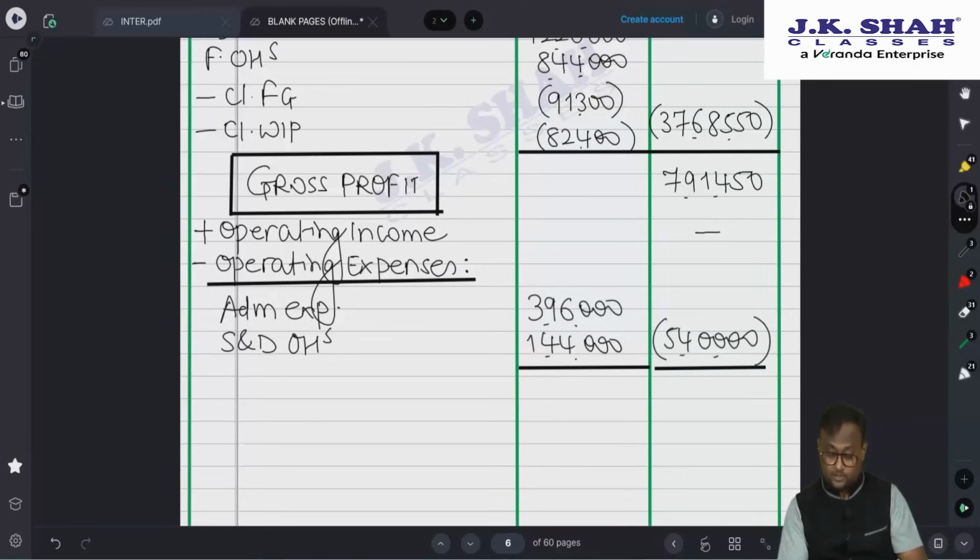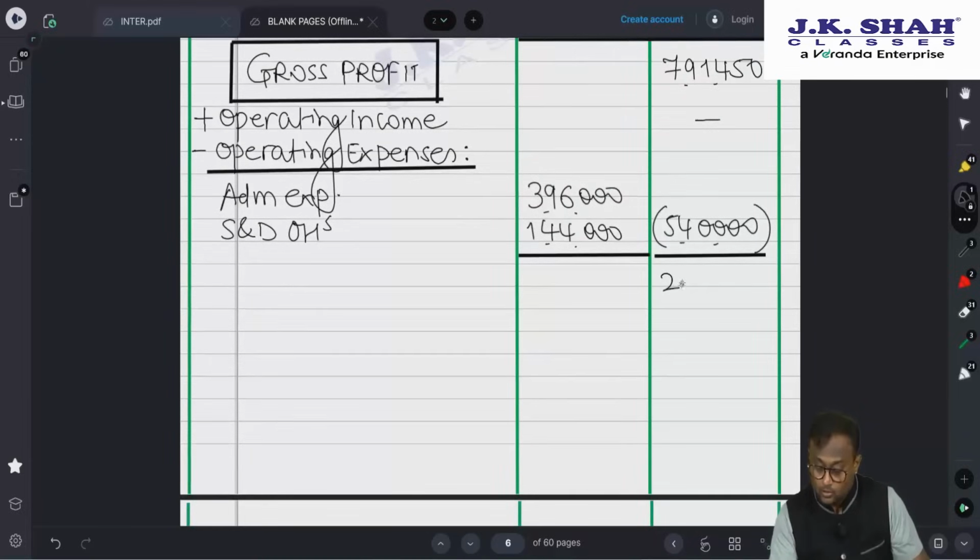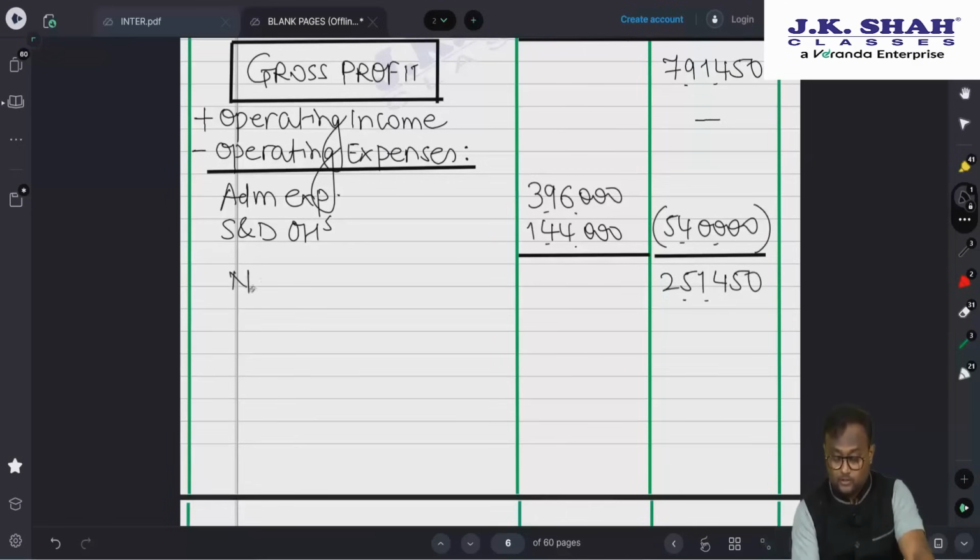791,450 minus 5,40,000. 251,450 is your net operating profit. To this we will add non-operating income.